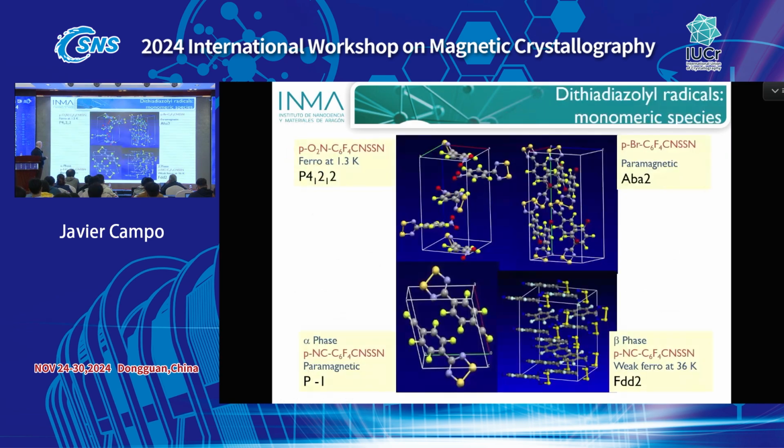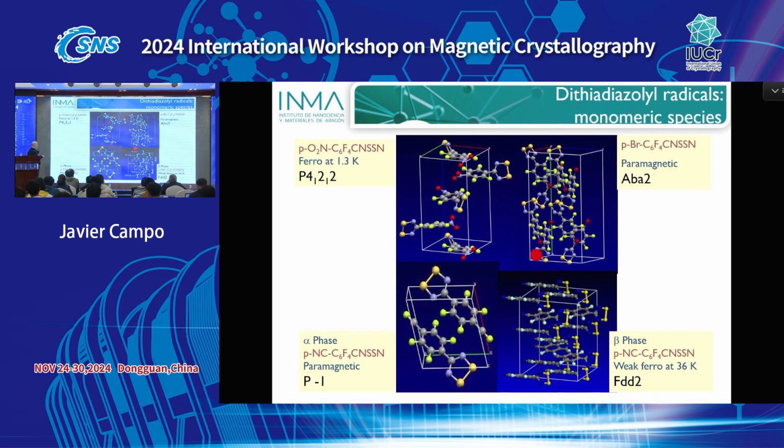Okay, one example of this is, for example, another molecular compound. In this case, the beta phase of the paracyano perfluoroaryl dithiodiazolyl compound. This is a molecular compound, a purely organic magnet that orders at 36 Kelvin.